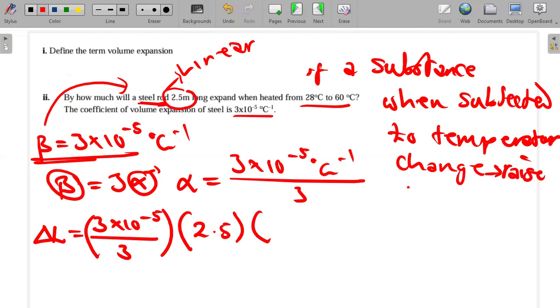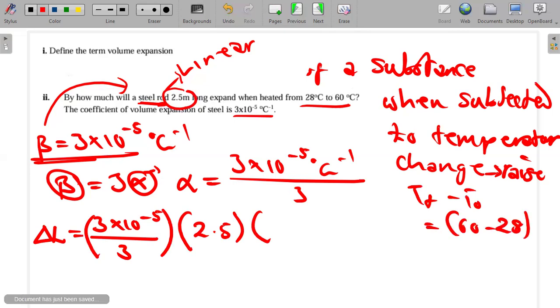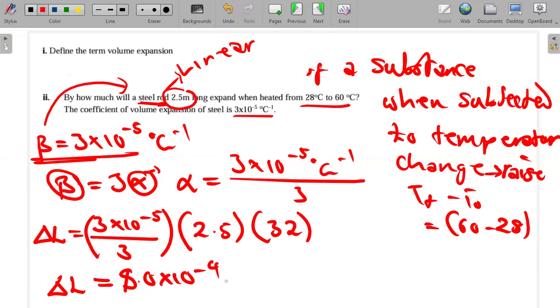Change in temperature is T final minus T initial, which is 60 minus 28, which is 32. So I'll plug in my 32 there. Then we can plug this into our calculator to find the change in length, which is the linear expansion of this rod. If I plug it in, I'm getting 8.0 times 10 to the power minus 4 meters.